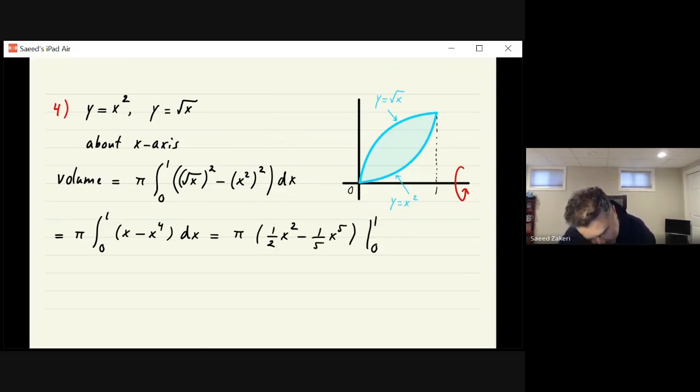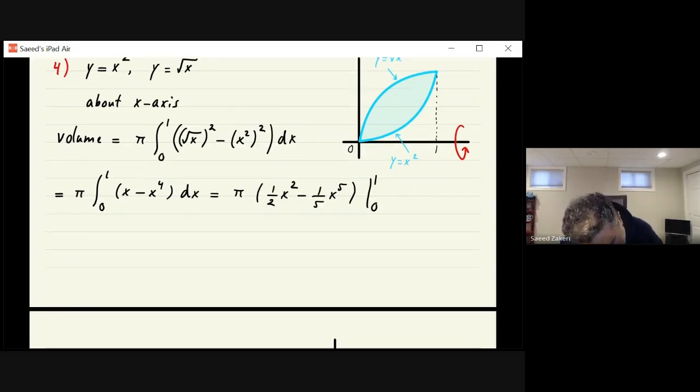Evaluated at 1, then 0. So this is pi. When you plug in 1, you get 1/2 minus 1/5. When you plug in 0, you get nothing. So this is 3/10. So the final answer is 3 pi over 10.